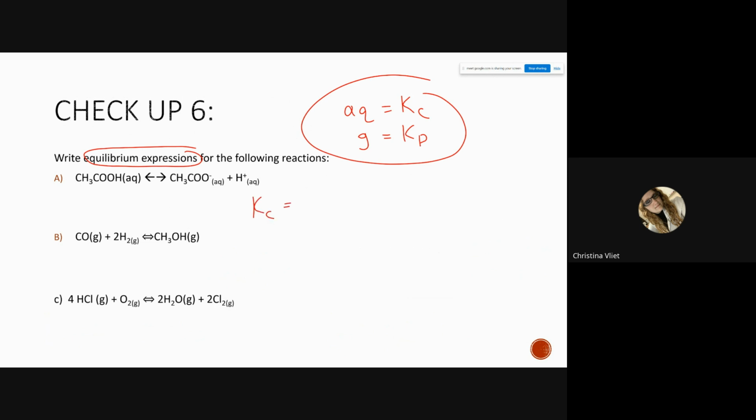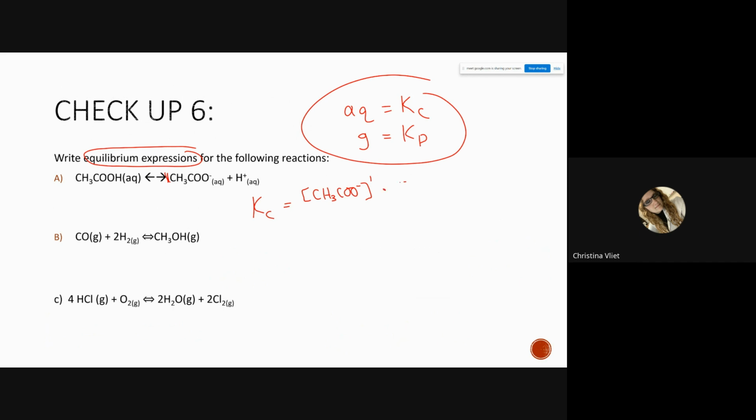What's my first product? CH3O. So the idea is you write that in brackets, the identity of this. And what's the exponent of this? 1. There's a number 1 there. What is my other product? Do you see another product there?